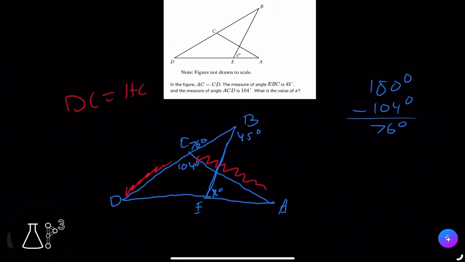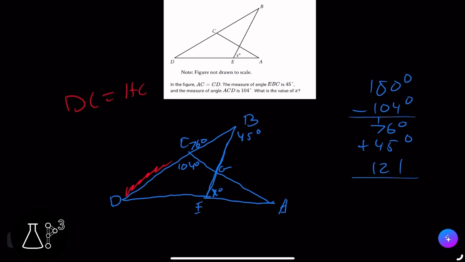So if I do ACB plus 45, I can look for another angle measure, which is right here. So what I can do is add 76 plus 45. I get 121.